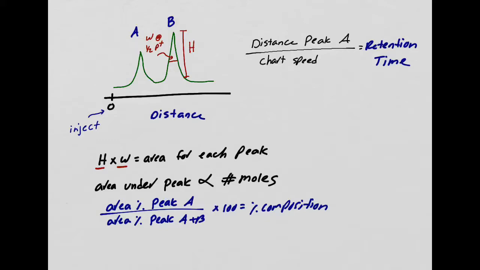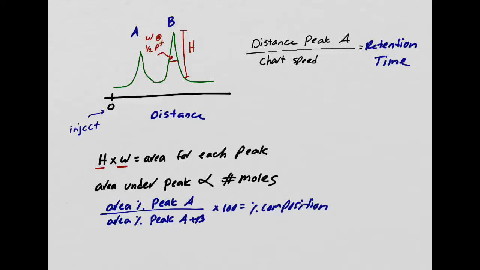Now, when you look at these two, it takes longer for B to get through it versus A, which would tell you probably A has a lower boiling point. So this is what retention time is, right? It's just the time that it takes for a solute to pass through the GC column.